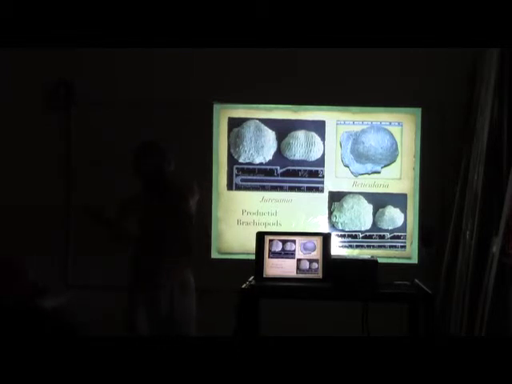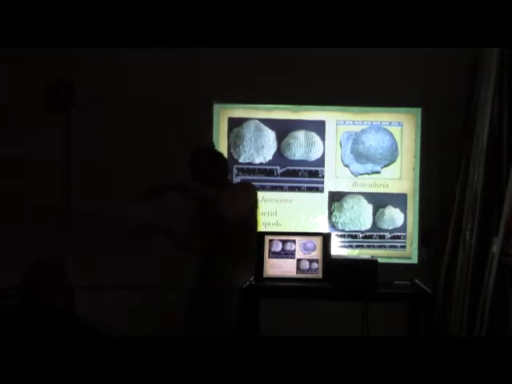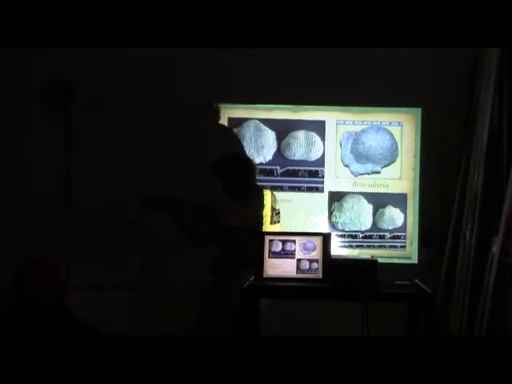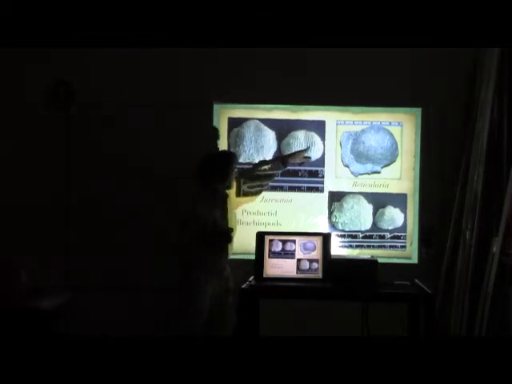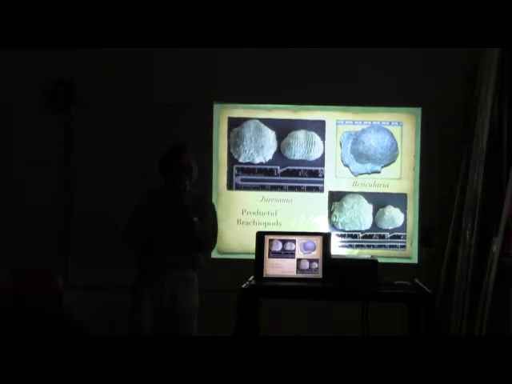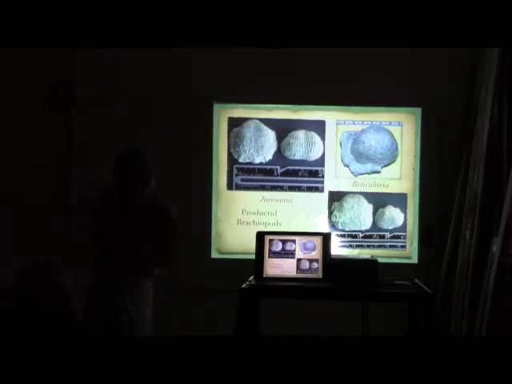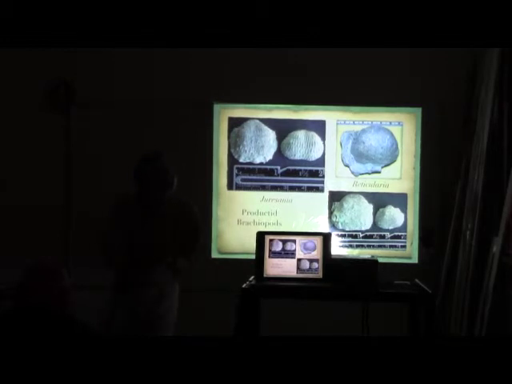The convex valve would have been on the bottom in the mud, and then the top valve would be like this. And they have these little bumps on the surface, which are actually the basis for spines. So these would have been really spiny in life. Lots of small spines sticking off the bottom, which kind of anchored them in the mud.